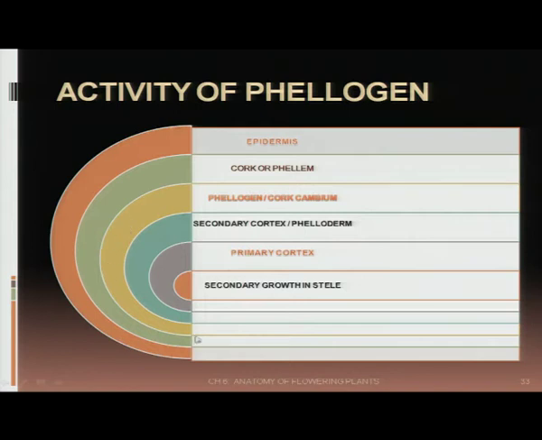This yellow band represents the phellogen or the cork cambium, and it has developed below the epidermis in the cortex. Now, when the phellogen starts cutting off new cells, it will form a layer of cork towards outside, that is towards the periphery, and a layer of secondary cortex or phelloderm towards the inside. So, these are the layers that will be visible in a stem TS at this point of time.